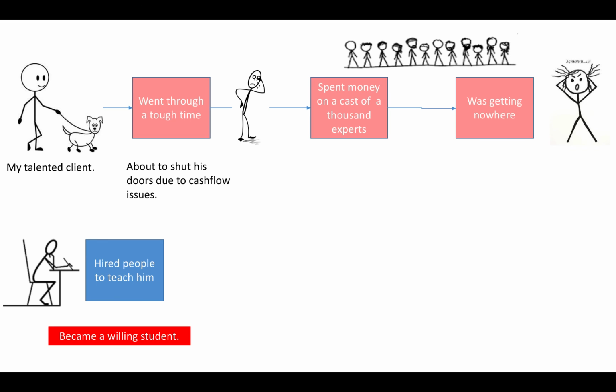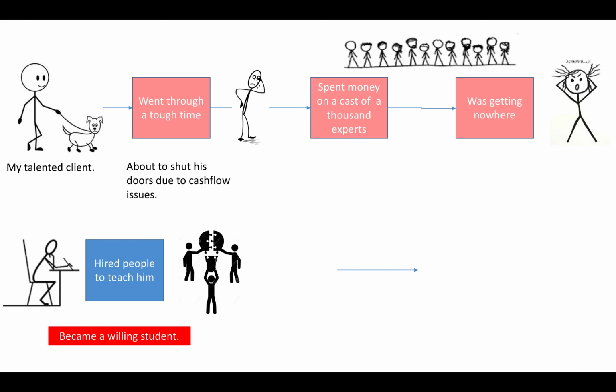He didn't come into the coaching telling us how much he knew. I mean, look, he'd already been through thousands of experts, and he'd already had a shot at it. So he had enough knowledge to have an opinion about a bunch of stuff, but he just accepted that he didn't have all the answers because he ultimately didn't have the results that he was looking for. So he became a willing student and coachable.